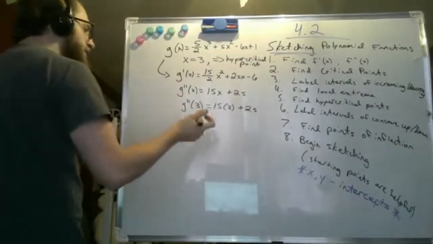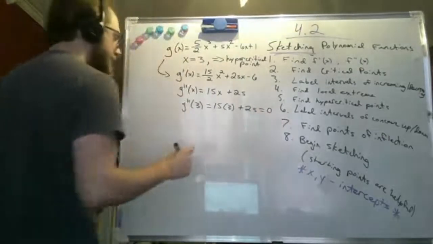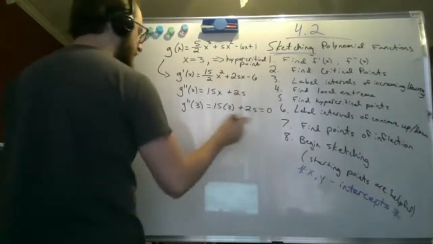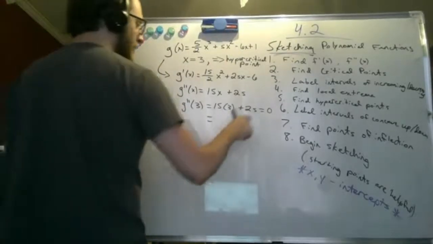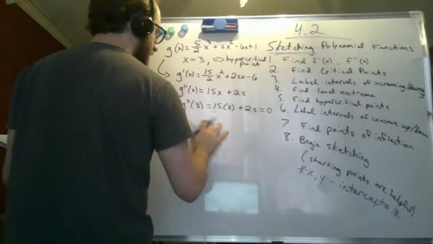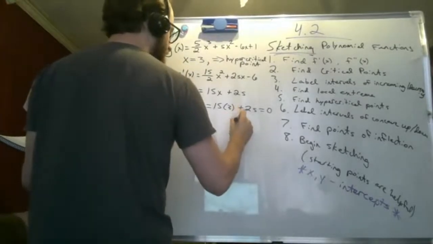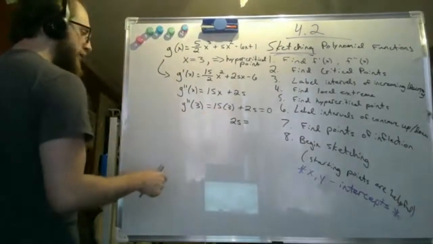And the only way this can be a hypercritical point is if this equals 0. So how do we do this? Well, now what we got to do is just solve for s. This is just regular old algebra. So we're going to have 2s on the left. That's going to be equal to 15 times 3 is 45.